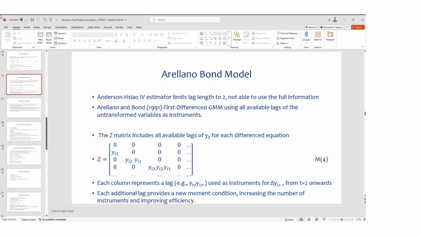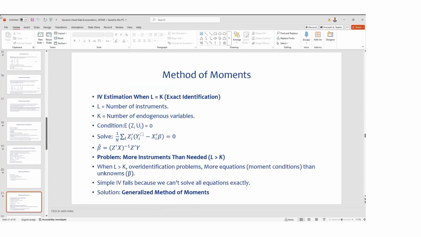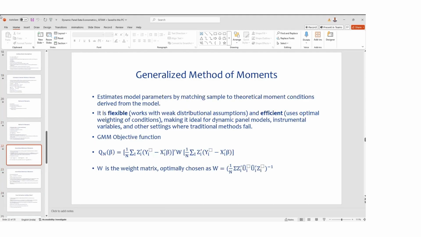Okay, we have a conventional way to find the beta coefficient, the one that you read in Gujarati or the one that I showed here in the matrix form. I'm explaining it in the matrix form. We use this instrumental variable in the model, and what they do is they use this GMM objective function. This is the objective function that they are using.